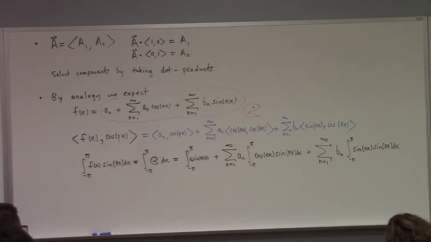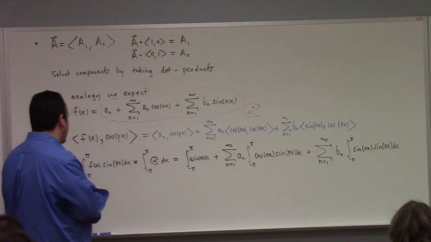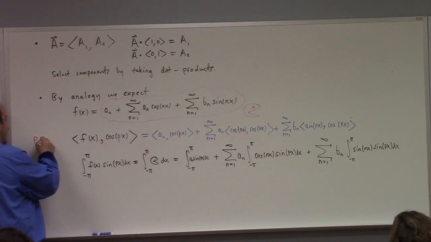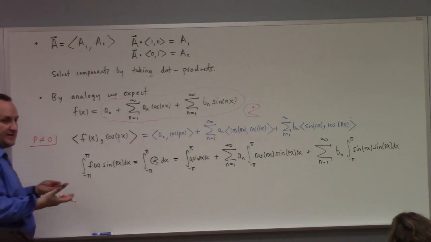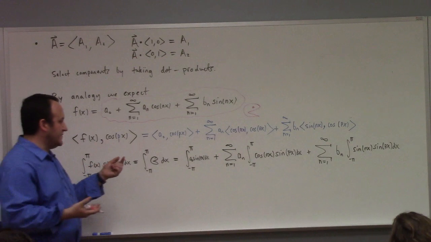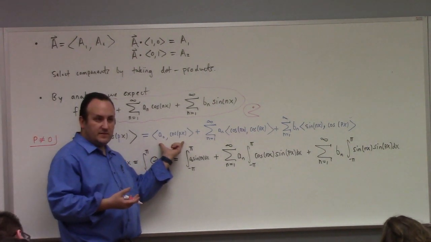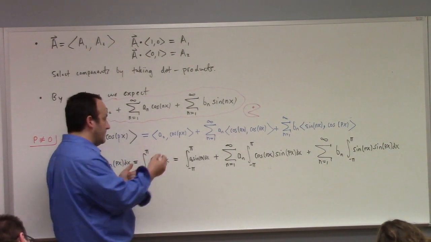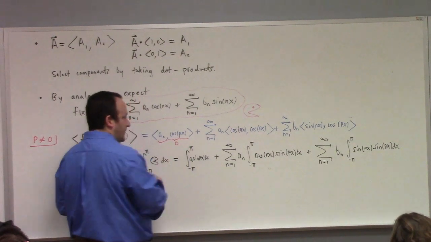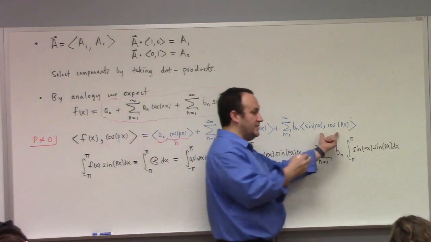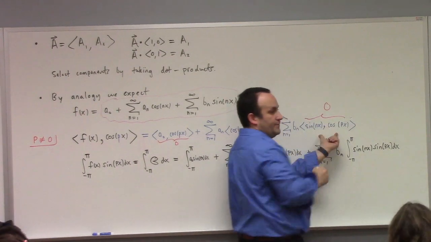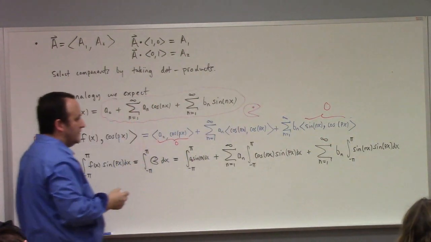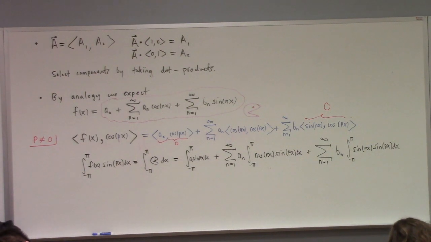What do I mean? So let's suppose p is not equal to 0. Then what happens? This is the integral of cosine over a full cycle, so this is 0. This is 0. This is either 0 when n is not equal to p, or it's pi when n is equal to p.